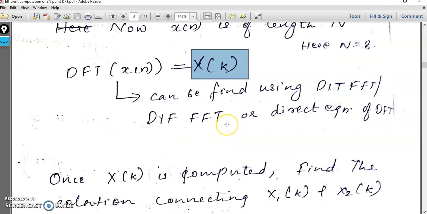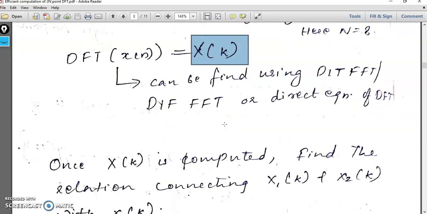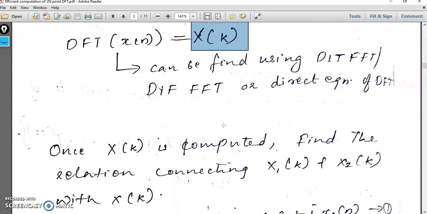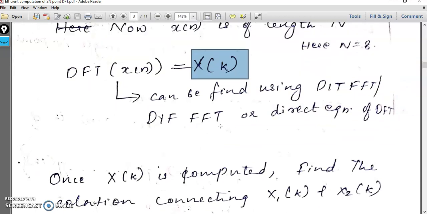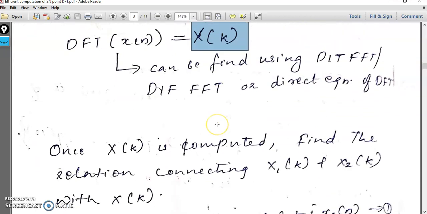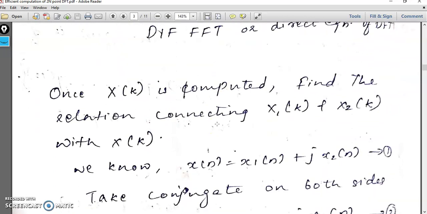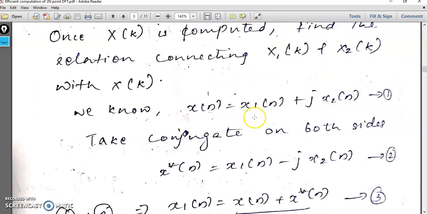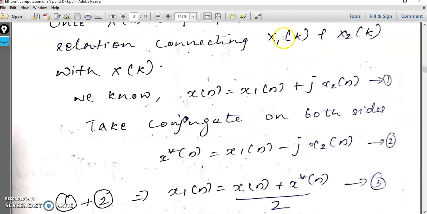Once X of k is computed, we can find the relation between X1 of k and X2 of k with X of k. We know that X1 of k is the DFT of x1 of n, and X2 of k is the DFT of x2 of n.